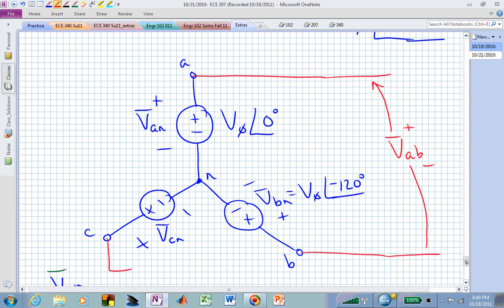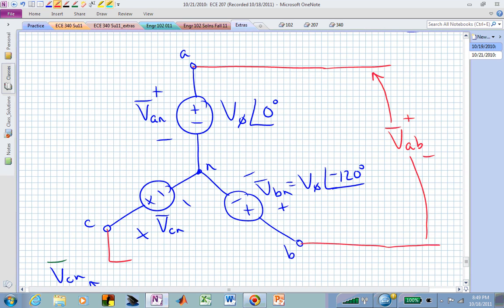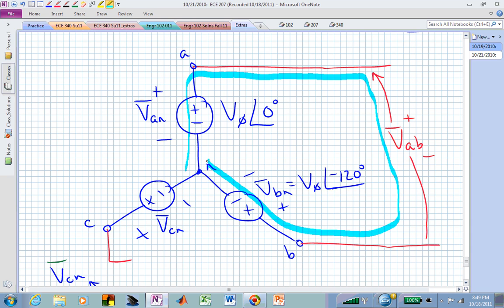To find VAB, we can use what we already know, which is, here's a KVL equation. We can start at the neutral and go through the A phase voltage, then we can come down here, go back up through, and return to where we started.